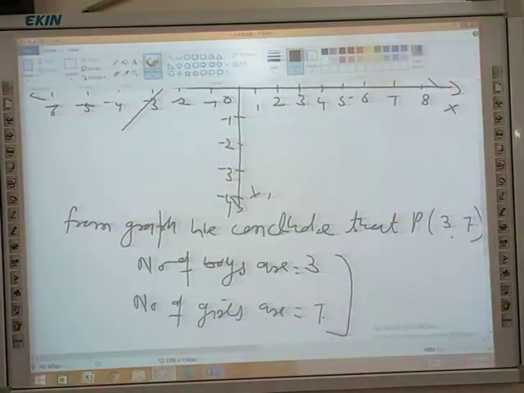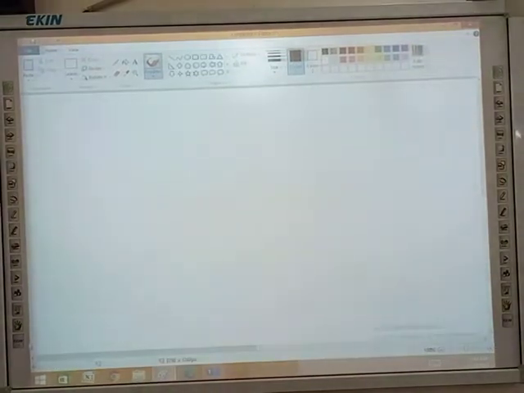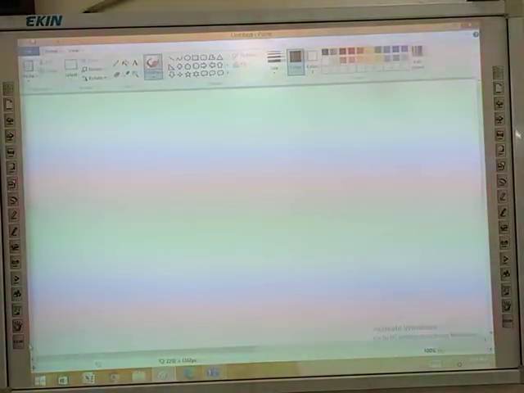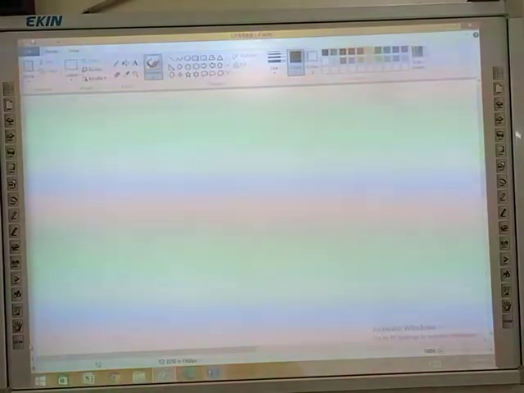No, sir. Question number 2 and question number 3. Students, on comparing the ratios A1 by A2, B1 by B2 and C1 by C2, find out whether the lines representing the following pair of linear equations intersect at a point, are parallel lines or coincident lines.